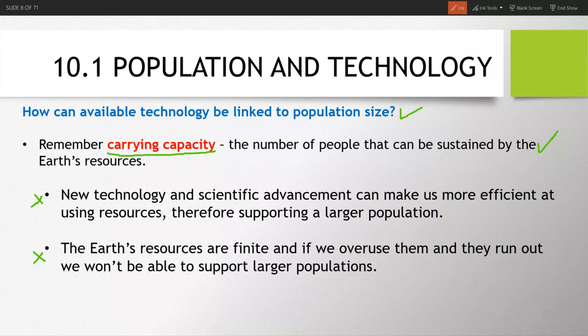Is there an ultimate limit, for example, to the amount of food we can produce on this planet? These are concerns related to carrying capacity, but you'll note that they're linked directly to technology, things that humans have developed in order to satisfy our needs to a greater or easier degree.